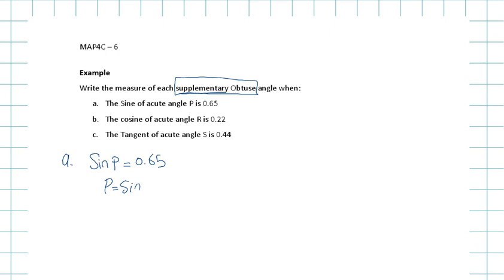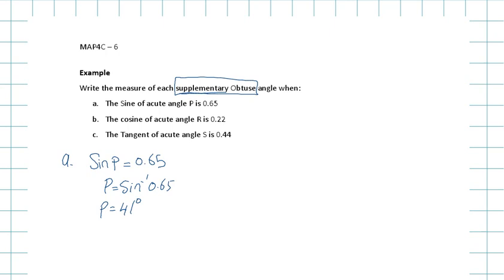The ratio is 0.65. The angle is what? 41.5 degrees. So, the question is asking you to find the supplementary obtuse.